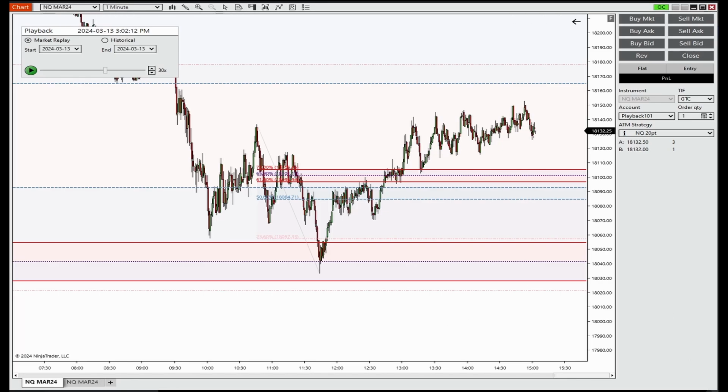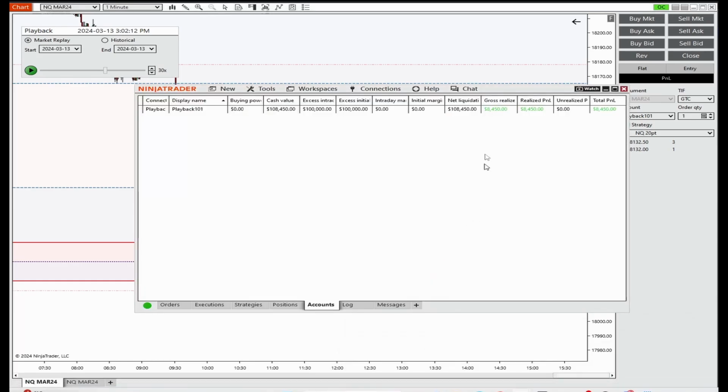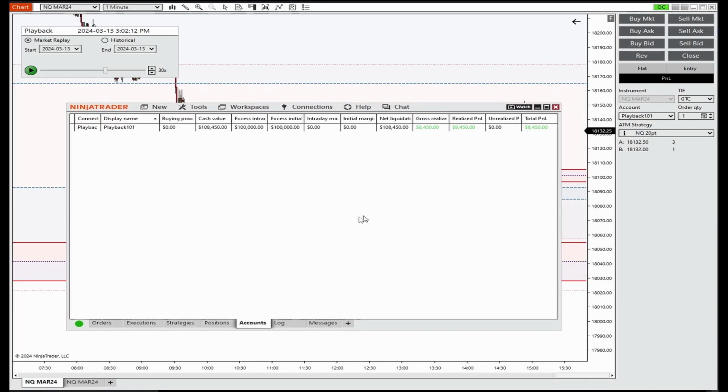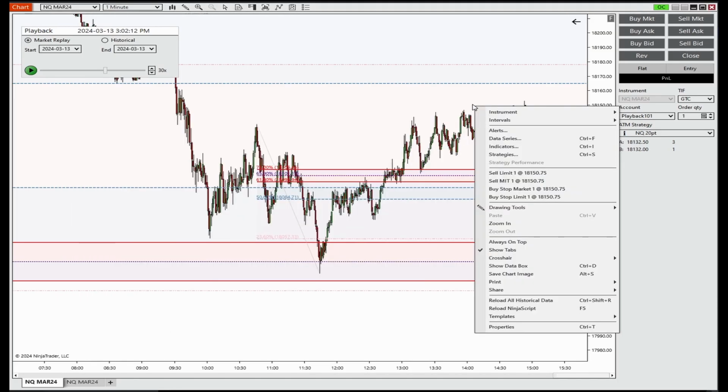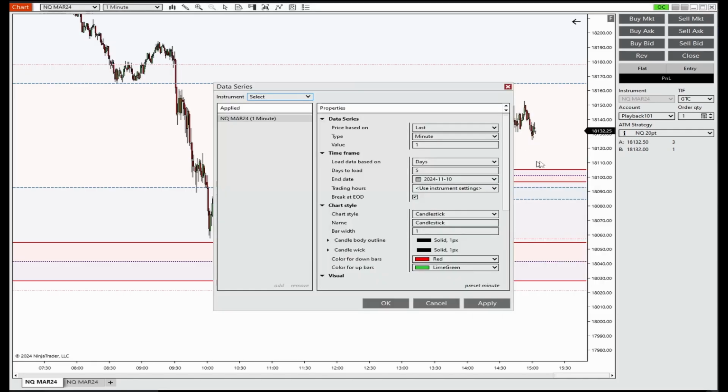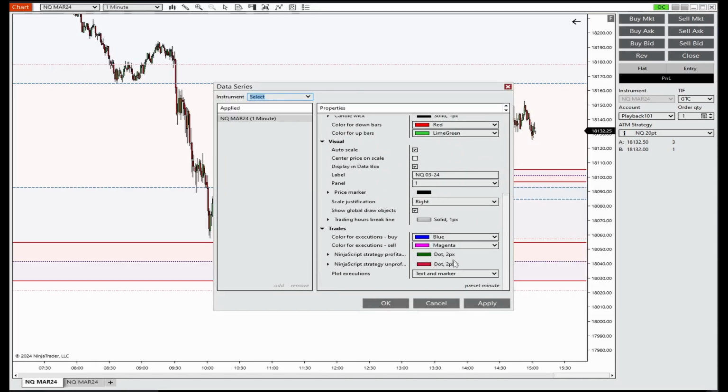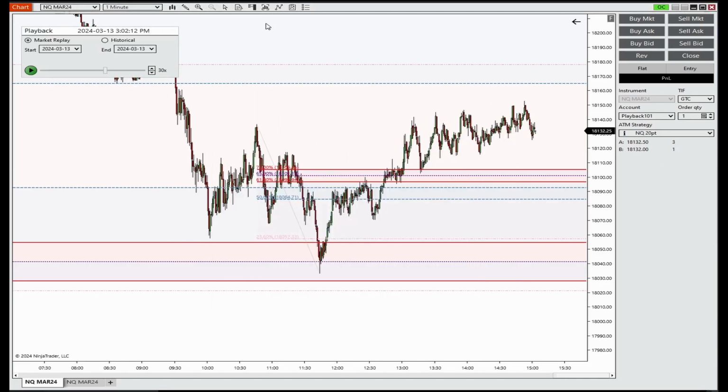How many handles did we get? Lots. Why is that not showing in there?